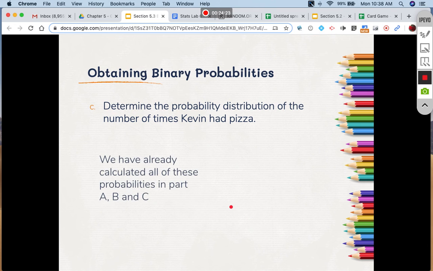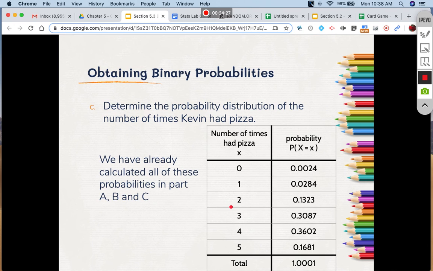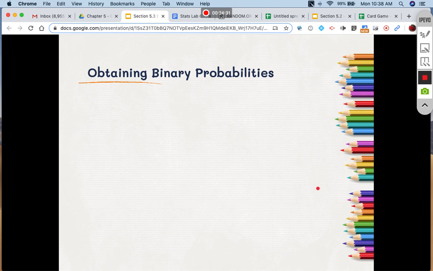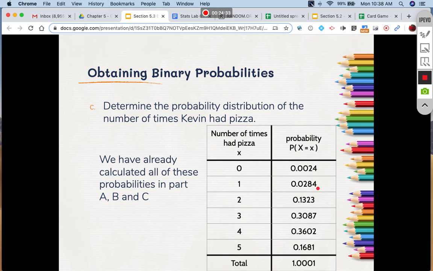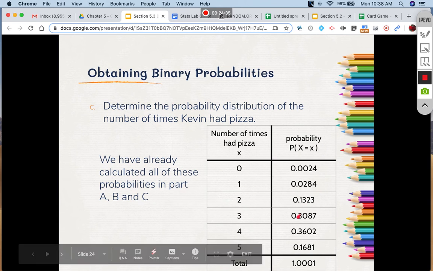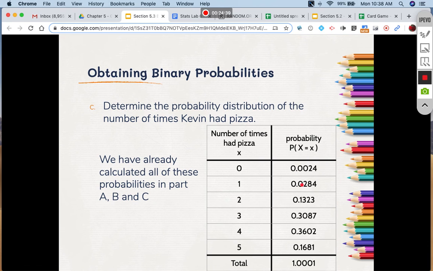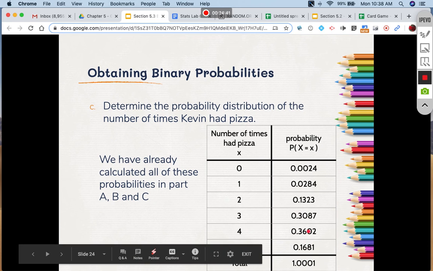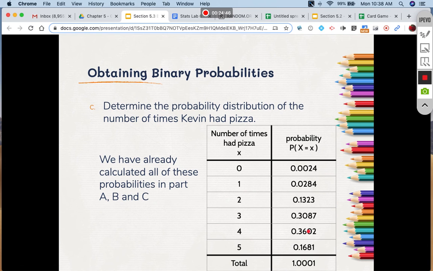So for the probability distribution, we're done, because with those questions we found first 2, then at least 3, so 3, 4, and 5, then at most once, which was 0 and 1. We find those all together, they add up to 1, about, rounding errors in there, so that looks reasonable.